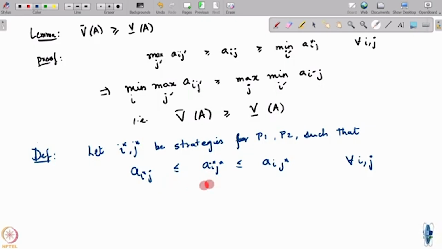Is this clear? So, if a pair of strategies satisfies this, then I star j star are called a saddle point.